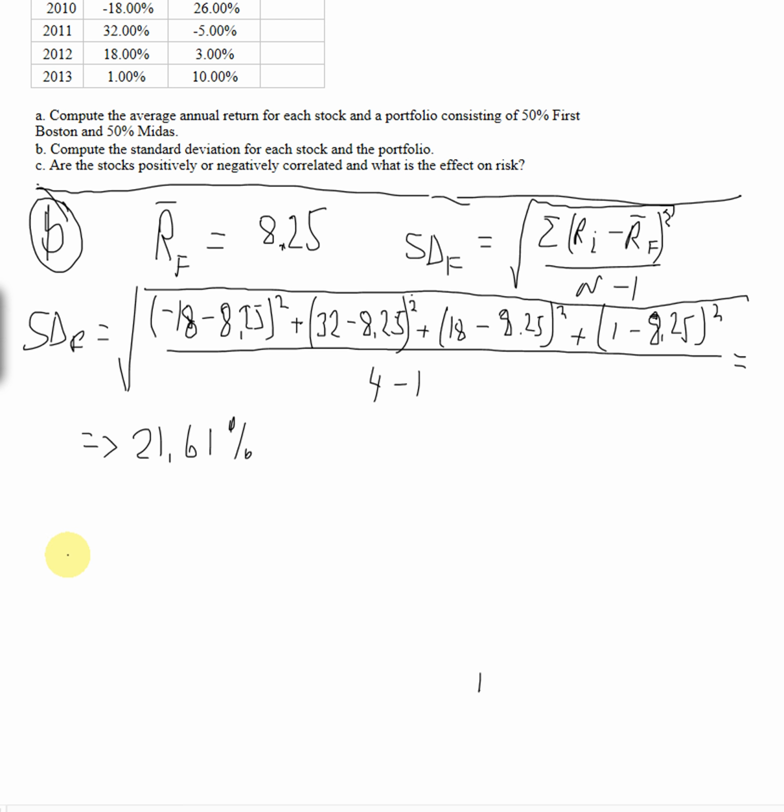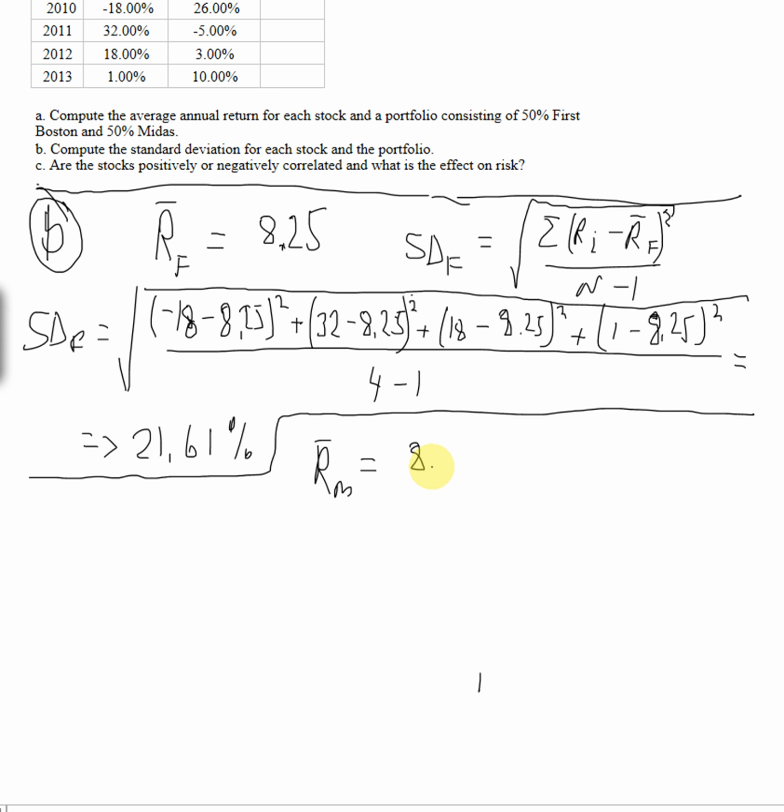Anyway, we know that RM, which we calculated earlier, was 8.5%.